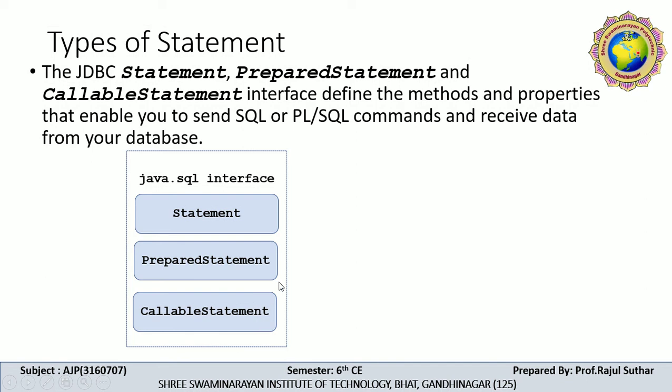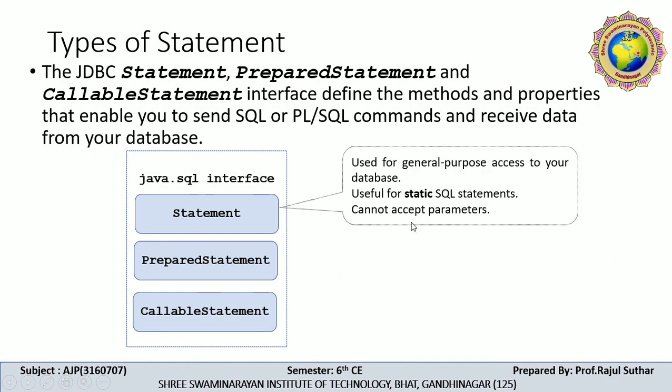So how do we create the statement object? The statement object can be created using the createStatement method. Here we require general purpose access to your database, useful for static SQL statements.